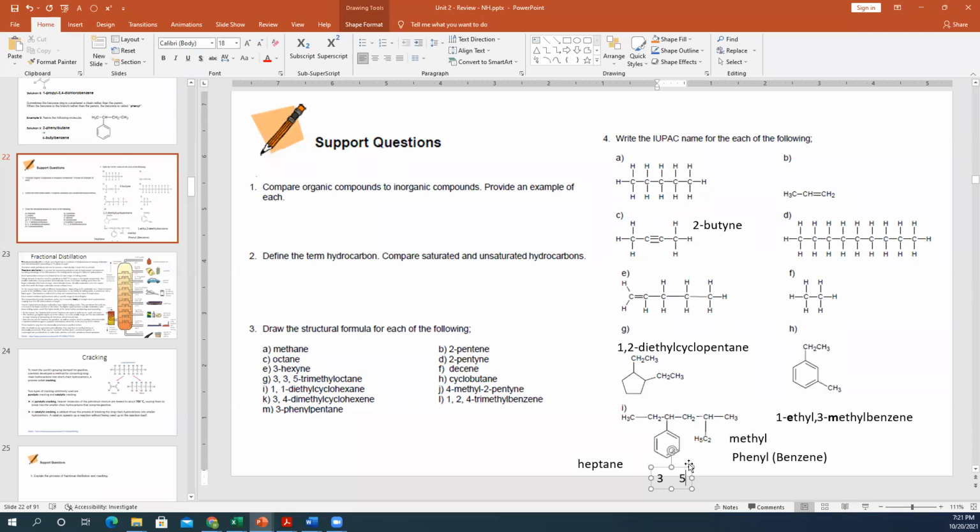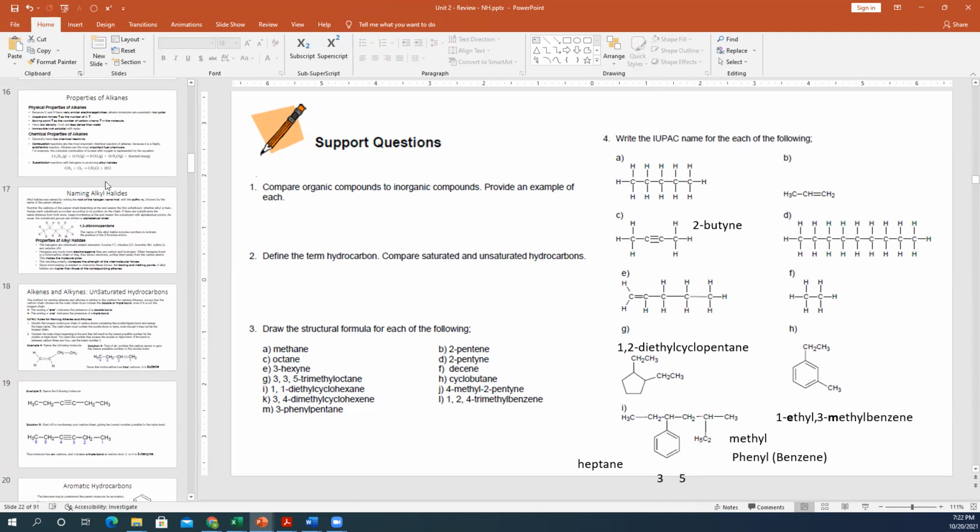So then how do we decide which one of these actually should be 3, and which 5? Because they're not identical. One of them is a methyl, one of them is a phenyl. If both of them were phenyl or if both of them were methyl, it doesn't really matter. Pick one. But here it does matter. They're not the same. So which one do we choose to have the lower number? The methyl or the phenyl?